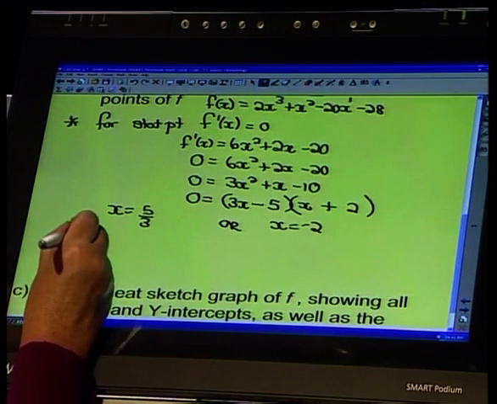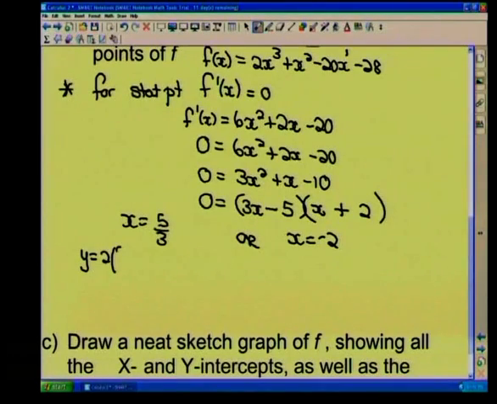So y will equal 2 times 5/3 cubed plus 5/3 squared minus 20 times 5/3 minus 28. Right, so doing that, it's 2 times, and 125 is 5 cubed, and 3 cubed is 27.